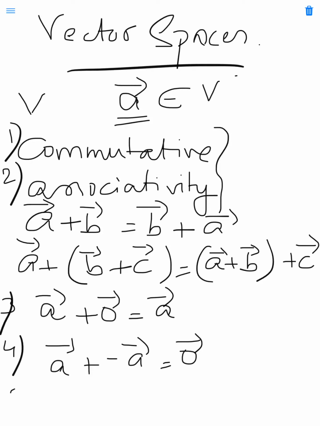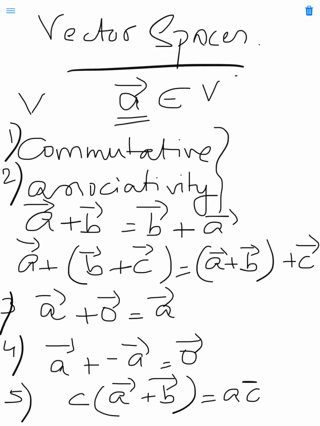And the distributivity property is that any scalar can be distributed over the addition of two vectors A and B, like c times A plus c times B. Okay.